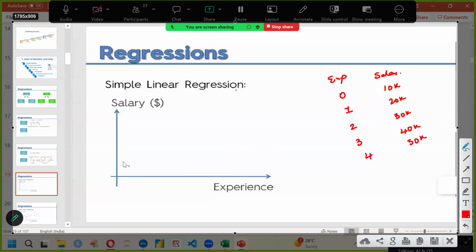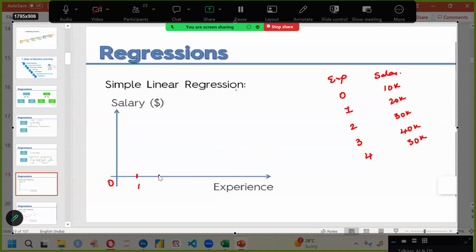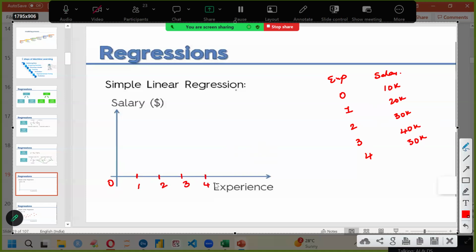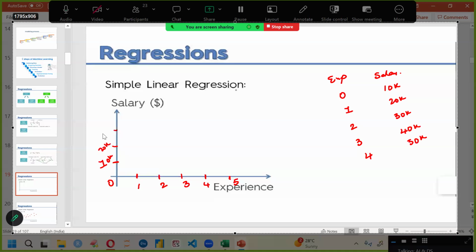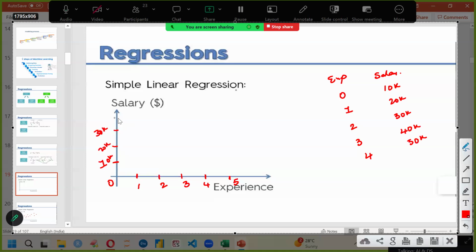So I will plot this. This is 0, then 1 year of experience, 2 years, 3 years, 4 years, 5 years of experience. This is 10K salary, 20K salary, 30K salary, 40K salary.